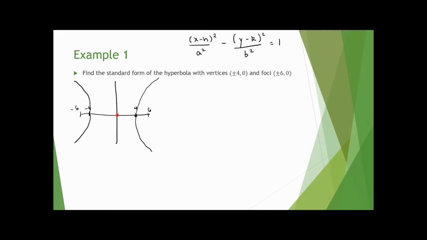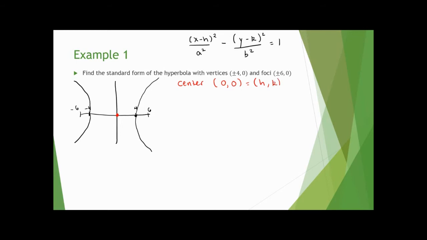So that is the middle between all of my points here, between -4 and 4 and -6 and 6. So the center is 0, 0. So that means h and k are each going to be 0.